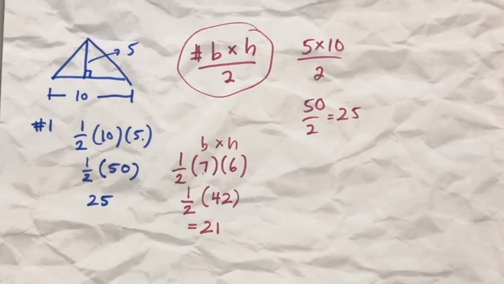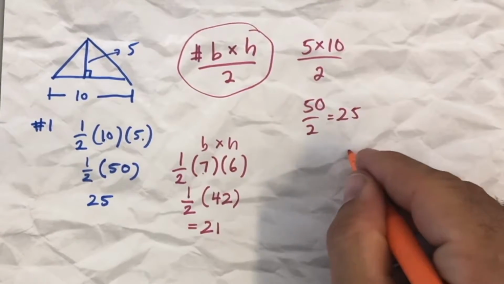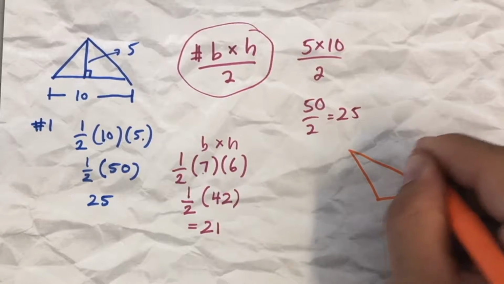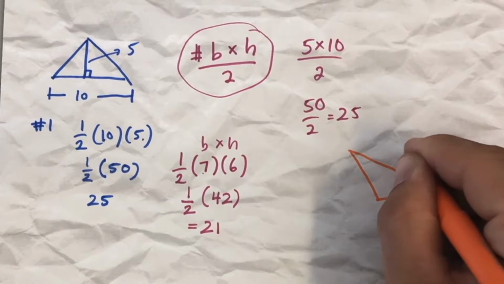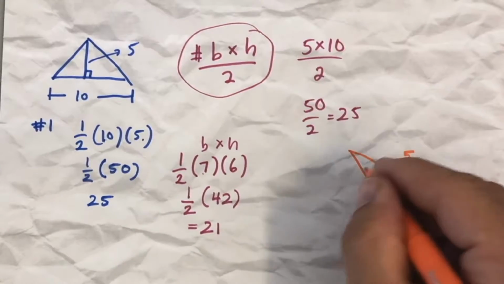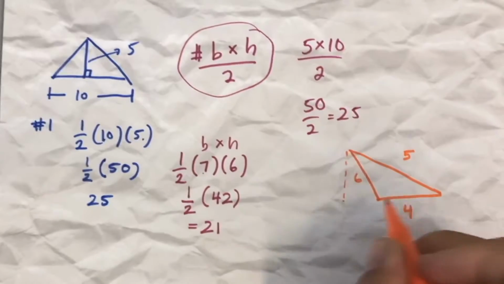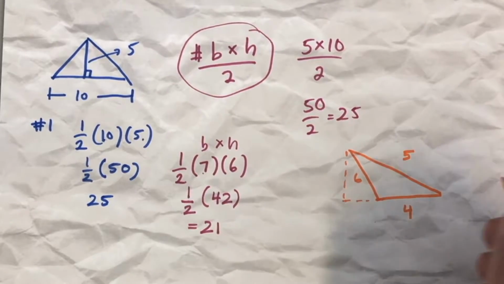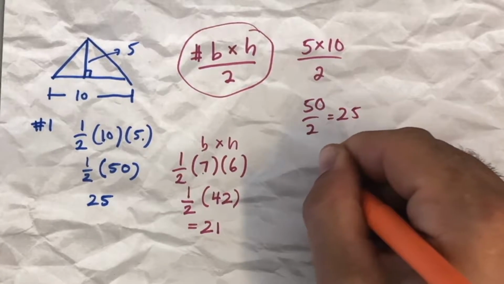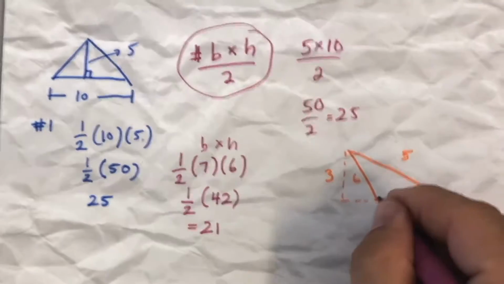And again, you may have to do some work in some cases. For instance, let's say they gave you the sides of all sides of this triangle. Let's say they said this was 6, and they gave you this line here, and they told you this was, let's call this 3. You would have to do some work identifying what your base is.